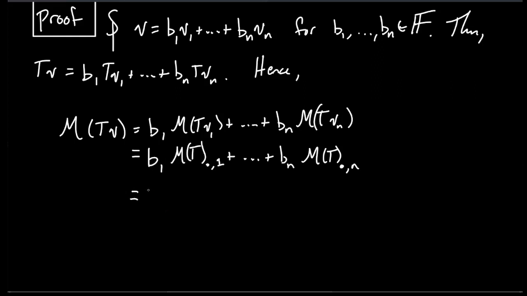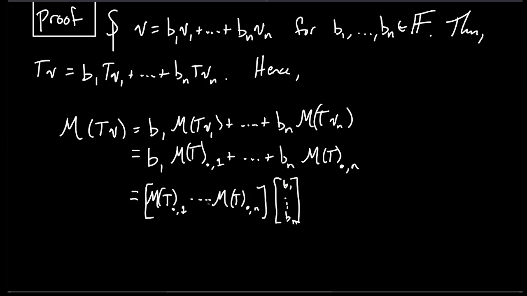Oh, okay. Here, let me just write it out pretty explicitly. So, if I do M(T)_{·,1}, so the matrix of T's first column all the way down to the matrix of T's nth column, notice that this is just the matrix of T. I just wrote all of its columns like this. And then I write b1 on down through bn.